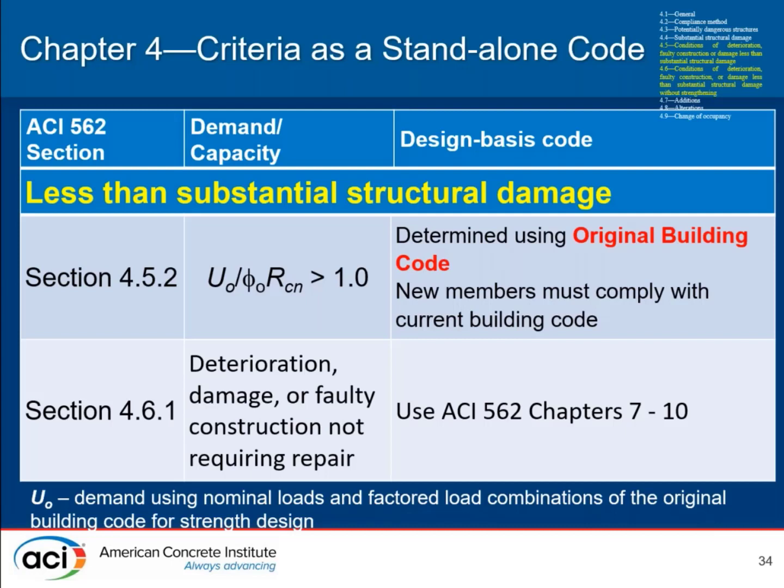And you have to also show that a review of plans and observation of current structural conditions indicate damage or deterioration of the structure below the level of that requiring evaluation by 4.4 and 4.5. And you must show that modifications for additions, alterations, and changes in occupancy are not planned. In that case, you can apply 4.6.